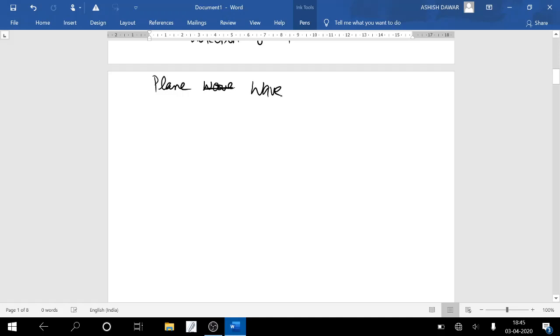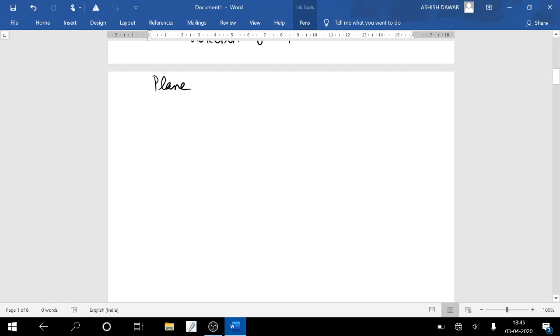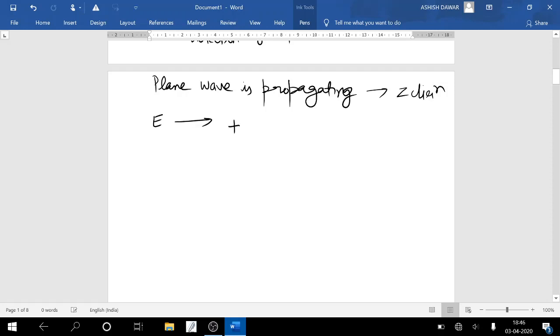Okay, so this plane wave is propagating in the z direction, and its electric field E is oriented along the positive x-axis.